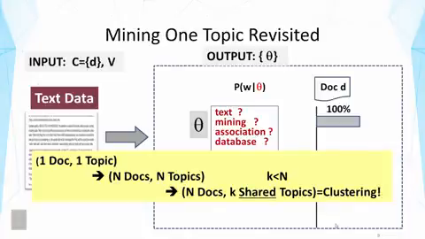Of course, in this case, these documents are independent and these topics are also independent. But we can further allow these documents to share topics, and we can also assume that there are fewer topics than the number of documents. So these documents must share some topics. And if we have n documents to share k topics, then we'll again have precisely the document clustering problem. So because of these connections, naturally we can think about how to use a probabilistic generative model to solve the problem of text clustering.